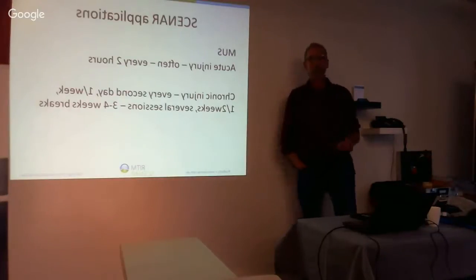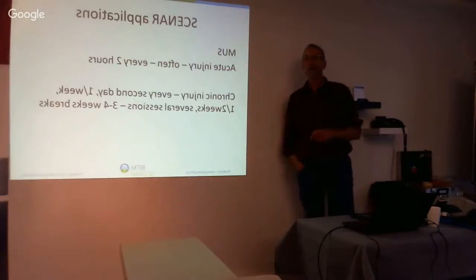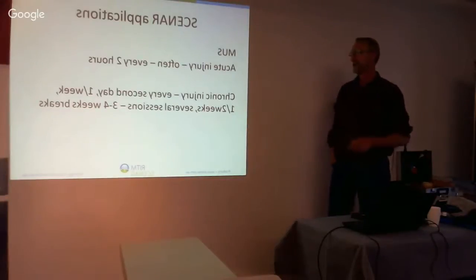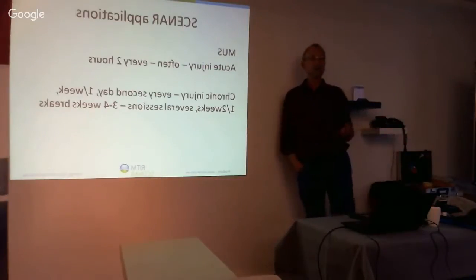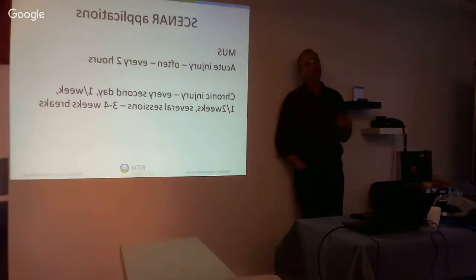So, how do we apply Scenar? Well, if you've got a musculoskeletal, that's what the MOS stands for, injury there, then we would call this an acute injury and we'd probably treat it every 2 hours till the pain and the swelling and so on subsides. If it is a chronic injury, then we actually recommend treatment plans that start with every second day treatment, then spread it out to once a week, every fortnight.